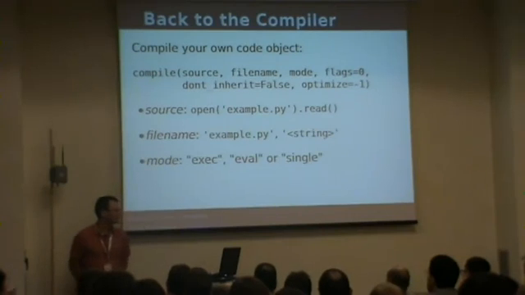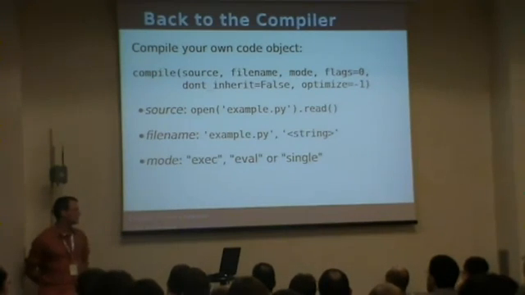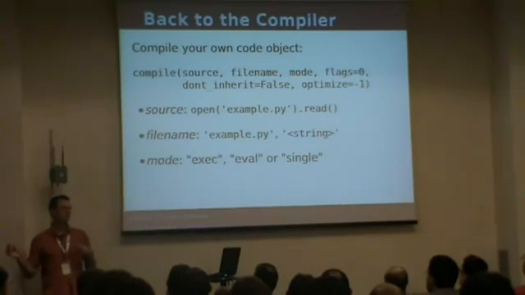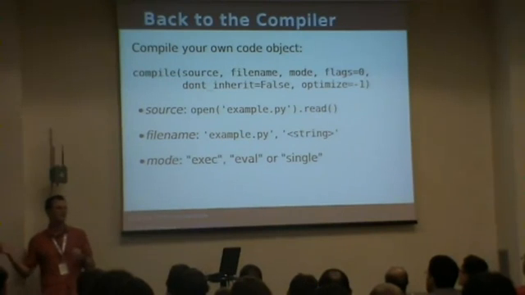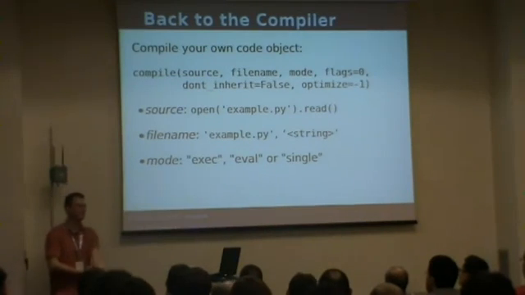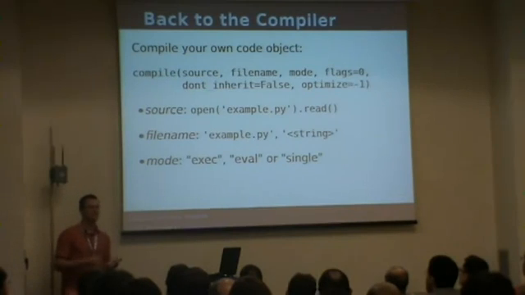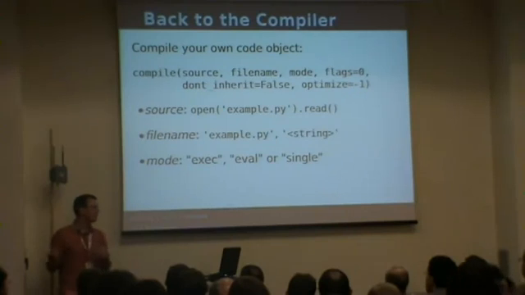The other things, flags is something like which future statements you want to use. You know, you can do from __future__ import division in Python 2 point something, from __future__ import with_statement and things like that. Absolute import.